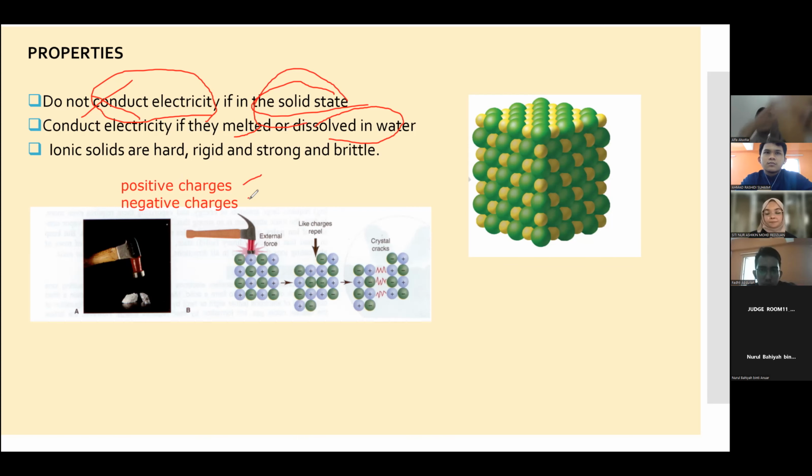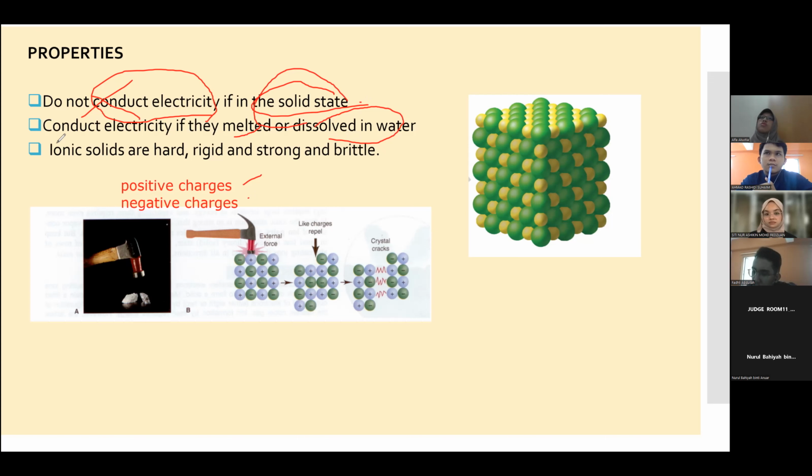We can see this is positive and this is negative. The interaction between them is weak, compared with the solid state, where the interaction between positive and negative is stronger than when melted or dissolved in water.